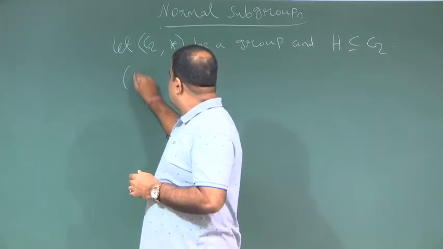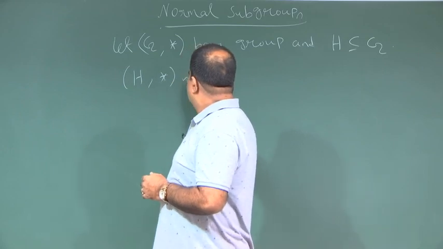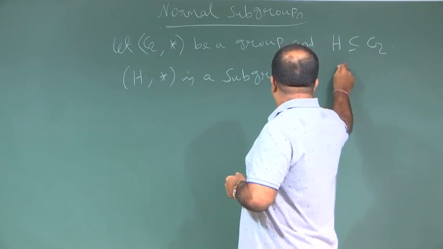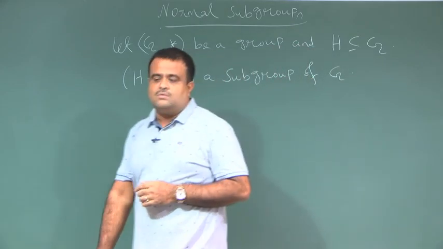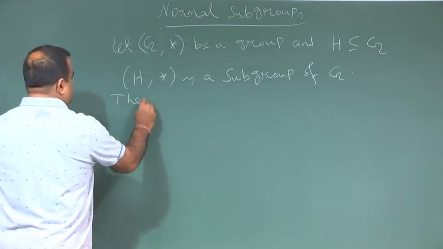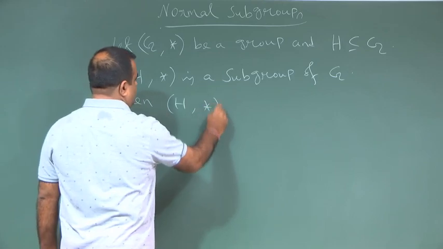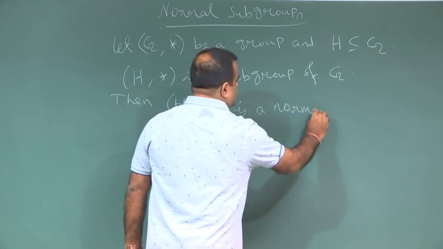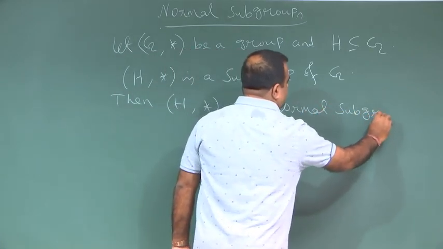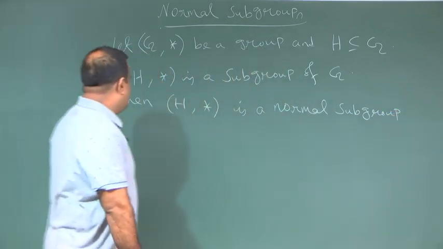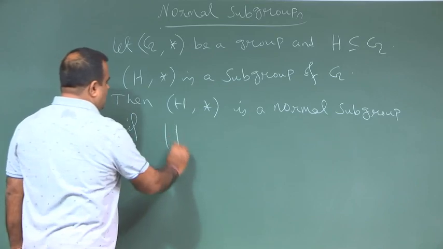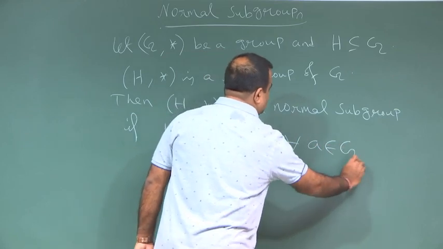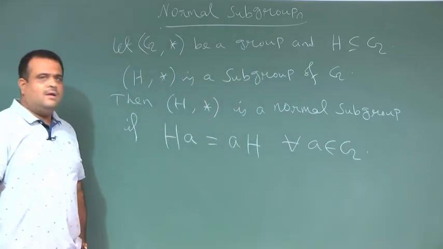So, suppose H is a subgroup of G. Then H is called a normal subgroup if H a is equal to a H for all a belongs to G. This is the definition.